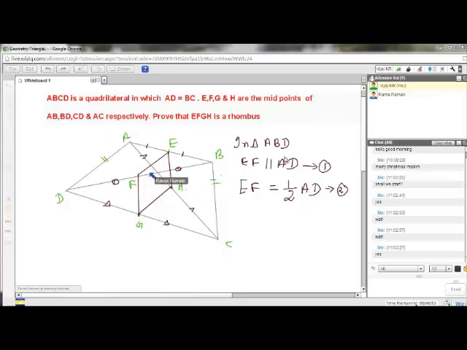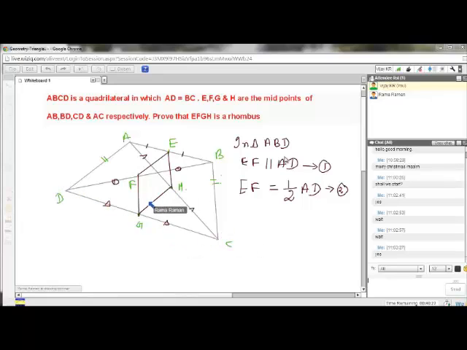Then let us consider the other triangle which has HG as a segment inside. See, you take triangle ACD. Now, in triangle ACD, H is the midpoint of AC, G is the midpoint of DC.